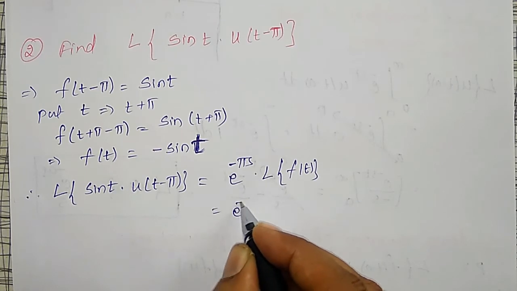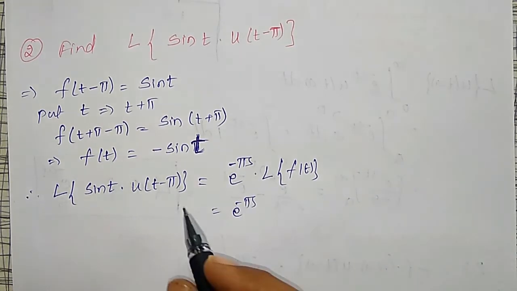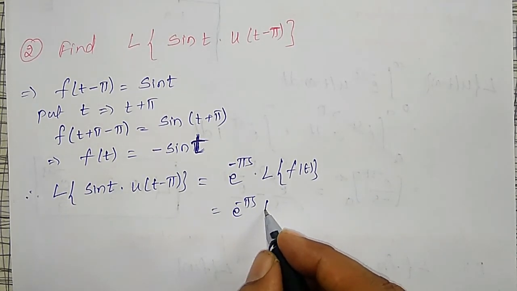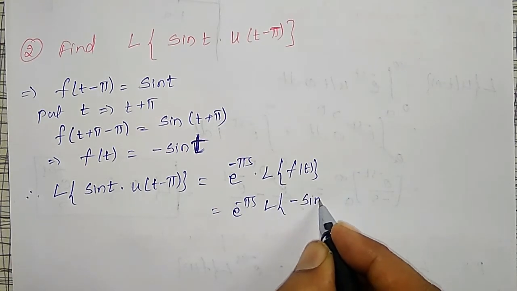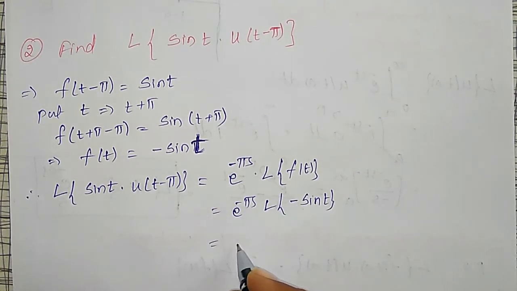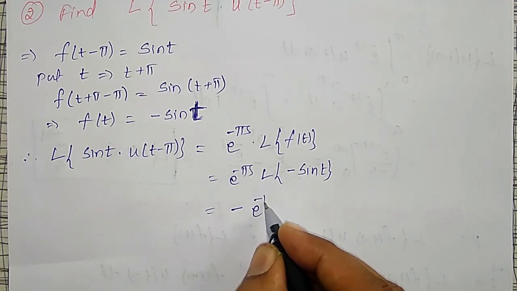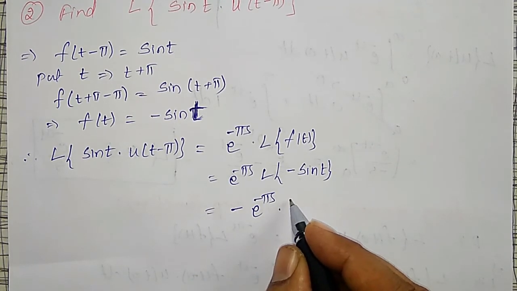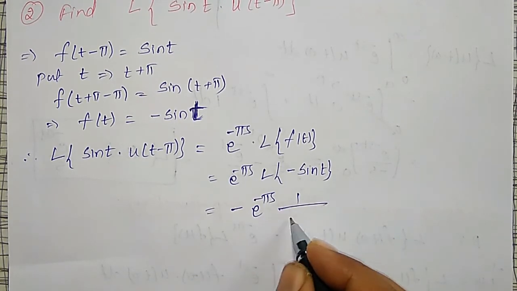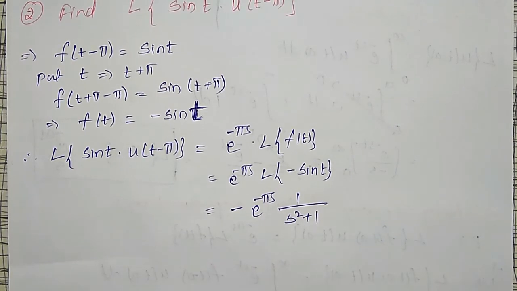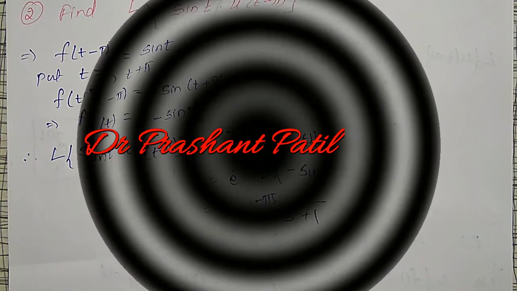My f of t is nothing but minus sine t. The Laplace transform of minus sine t: that minus I can write outside, minus e to the power minus pi s into the Laplace transform of sine t, which is 1 divided by s square plus 1. This is the required answer.